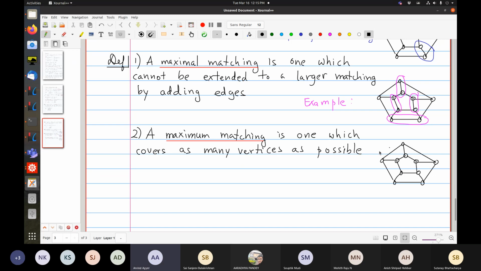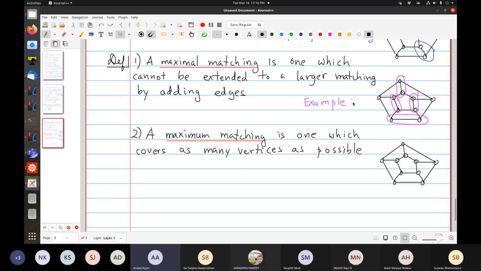What it says is that this is the maximum number of vertices that can possibly be matched, or the maximum number of edges that can be simultaneously matched.